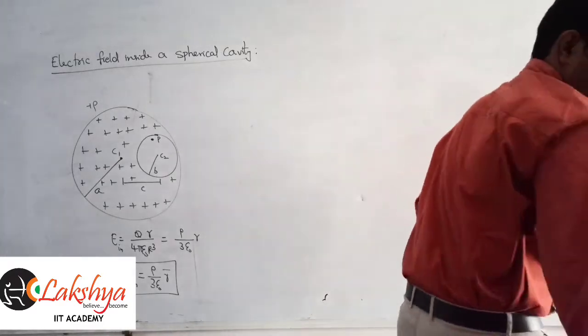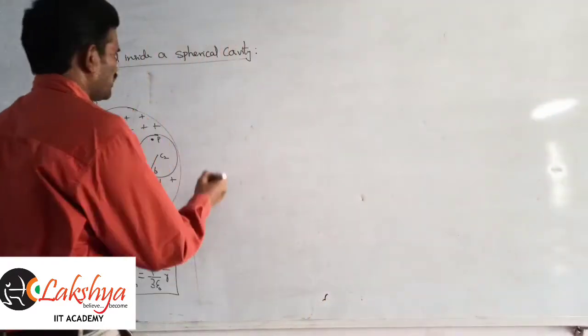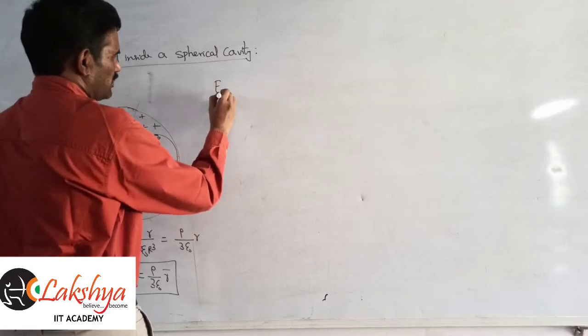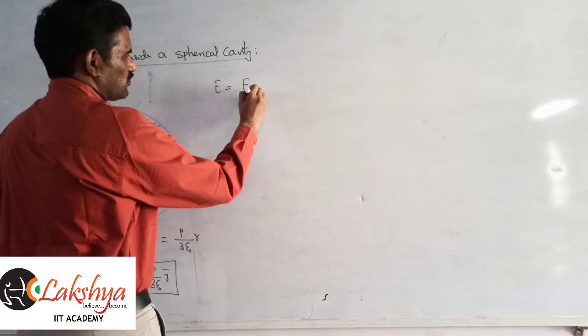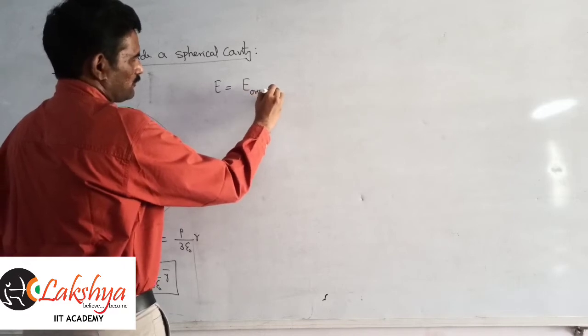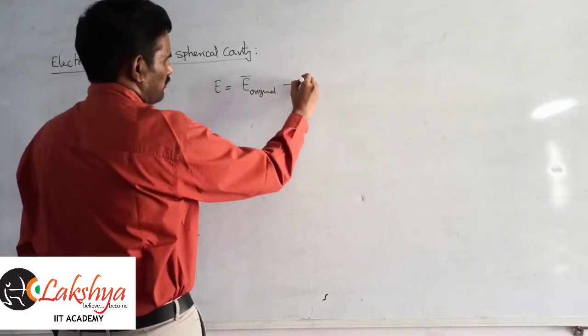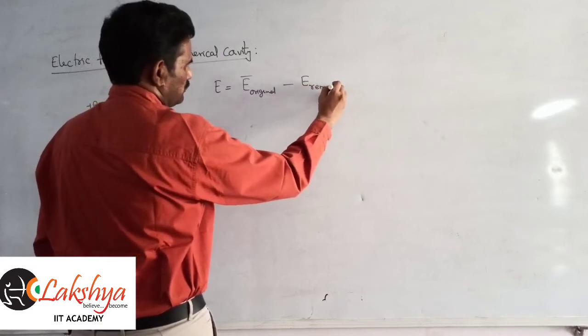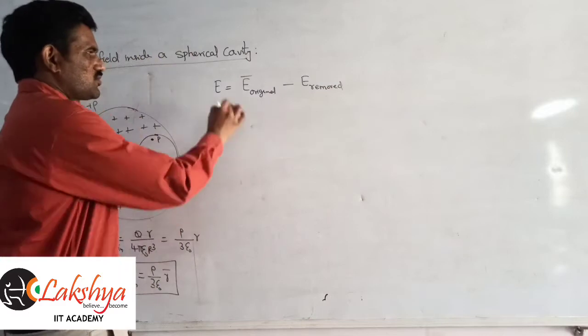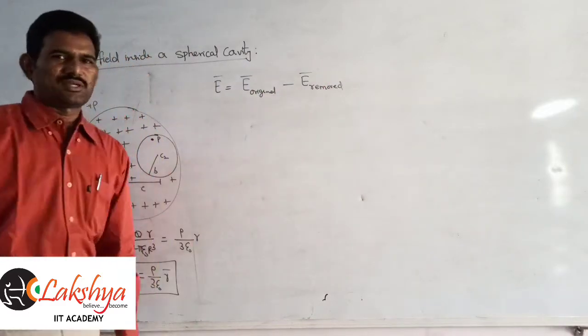Now I can write the electric field at that point inside the cavity as the electric field due to this original sphere minus the electric field due to this removed part, right? So that gives us the electric field due to the remaining object, or inside this cavity. So now this is our point here.